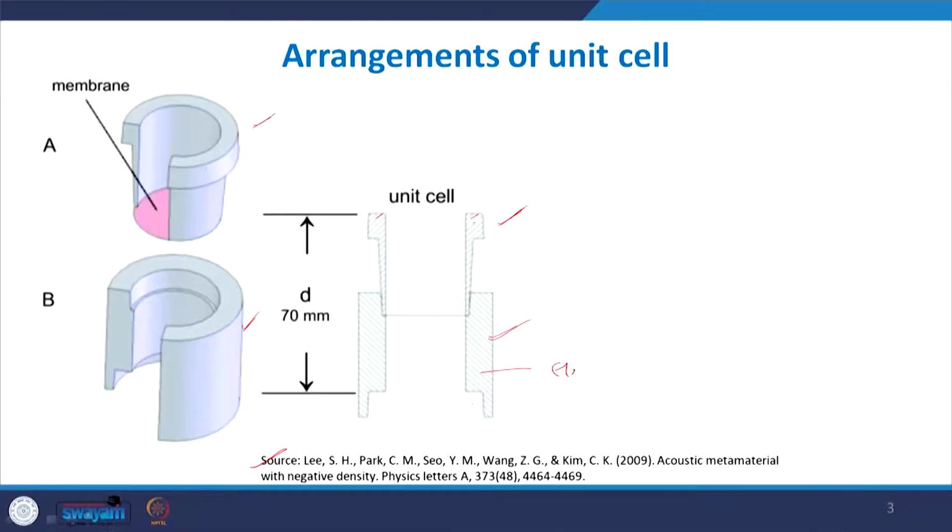So, when you arrange this, let us say this is element 1 and this is element 2. On element 1 we have element 2, then on top of it again element 1 is repeated, then element 2 is repeated. So, it is an alternate periodic repetition of elements 1 and 2.